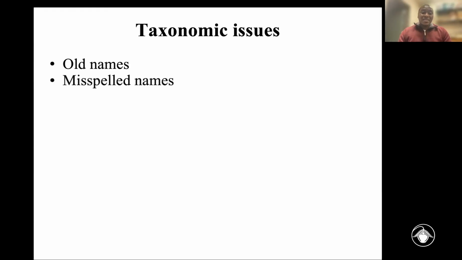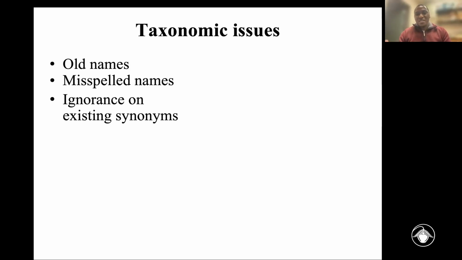There are cases whereby the names may be misspelled, or some even use different authors or publishing authors for those names. Or in many cases, some people might think, oh, wow, I just discovered a new species, not knowing that that species is already discovered somewhere else. And so there are synonyms available for them. And so there's a lot of taxonomic issues that could arise because of that.